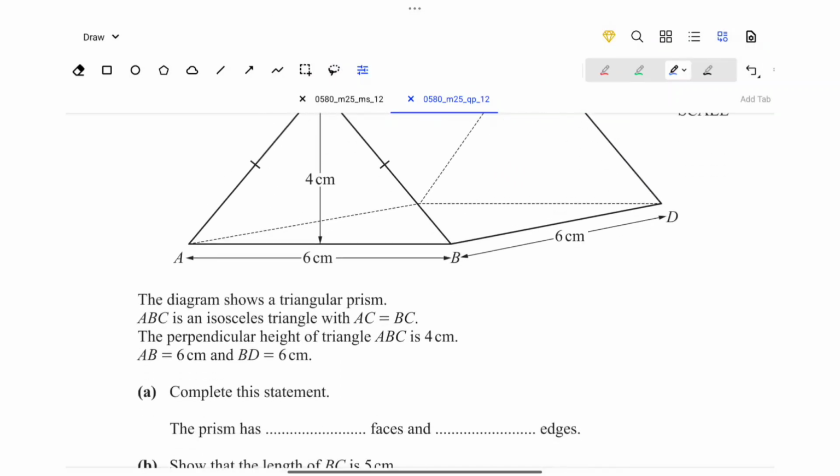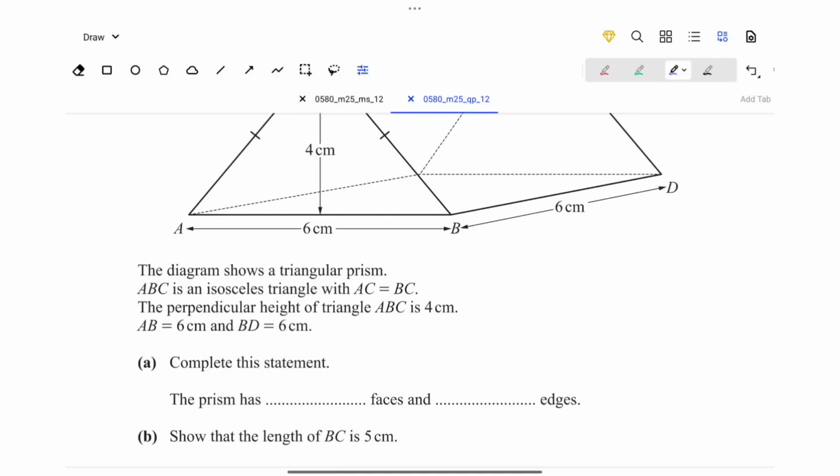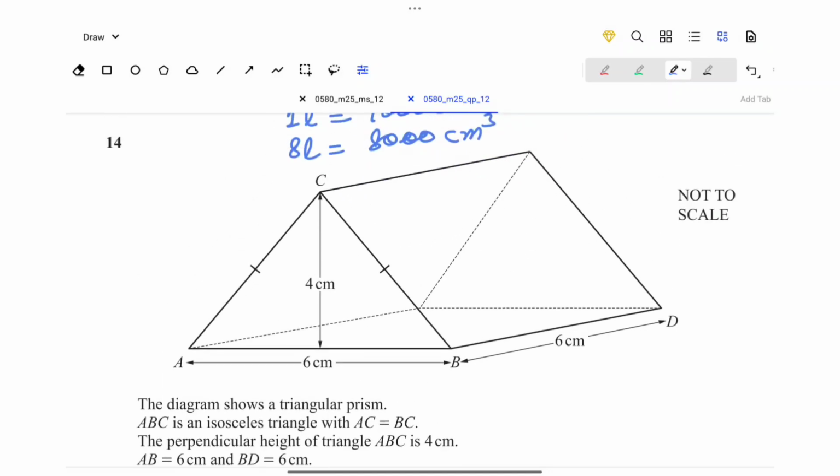It has a square base. So complete the statement. A prism has how many faces? Two triangles and how many squares? 1, 2, 3. Three square faces, or maybe rectangular faces. So it has these two triangular faces you can see, and the other 3 are rectangular.